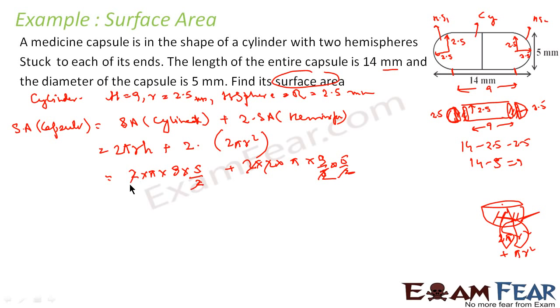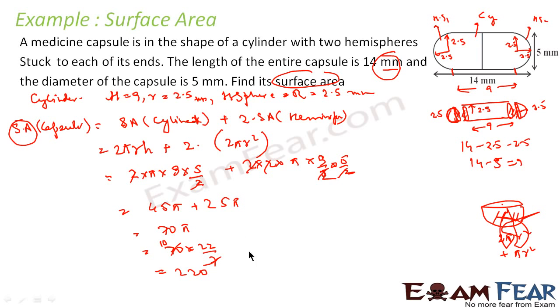So you get 45 pi plus 25 pi. You get 70 pi. So let's put the value of pi also. 70 into 22 by 7, the 7 gets cancelled, 10. 22 into 10 is 220. Now since we are talking about millimeter and surface area, this becomes millimeter square, and that is my answer.